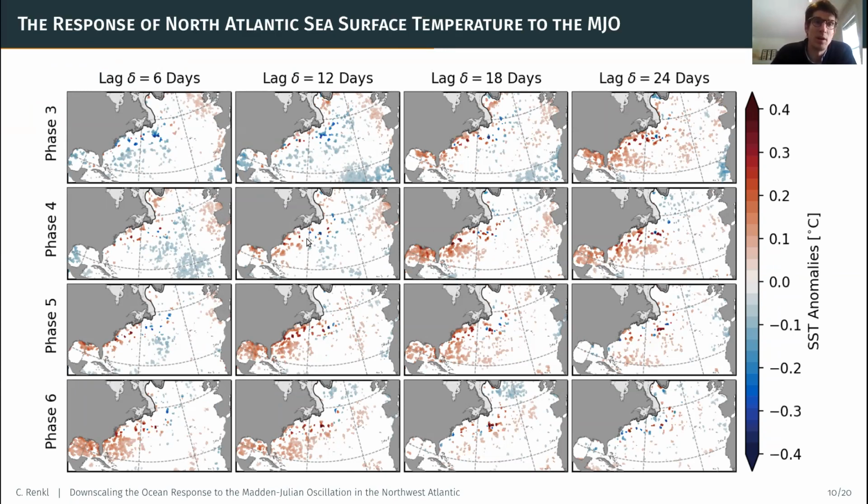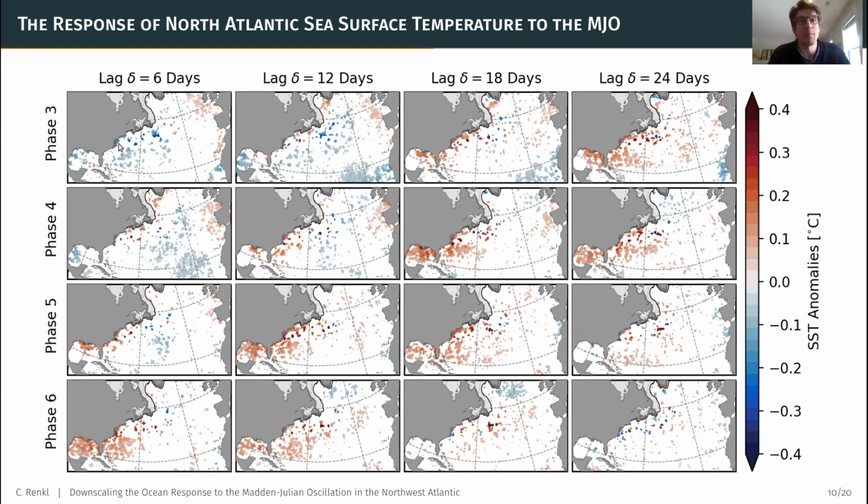So if you just focus on the first row, each map represents a snapshot for a certain lag after the MJO. I'm just showing the positive lag because we expect the signal of the MJO to take a couple of days to actually arrive in the North Atlantic sector.